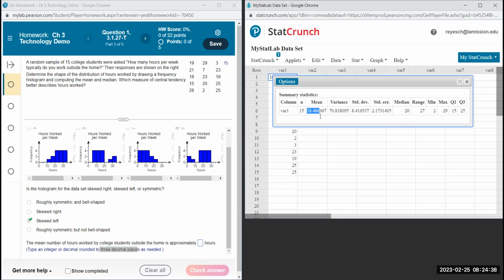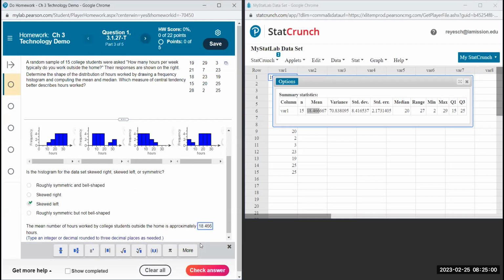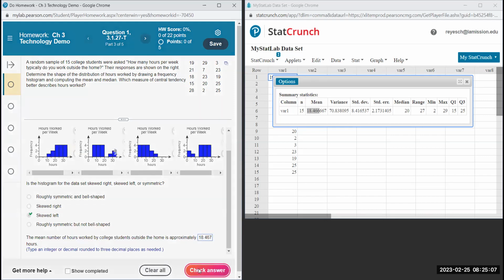I would use all these digits, and then to round it correctly, I would check that last digit, which is a 6, and then look at the following digit to decide if that 6 is going to stay or be increased by 1. Since my next digit is a 5 or higher, that 6 is going to be rounded up to a 7. Then check answer. If you get it wrong, then check your rounding.